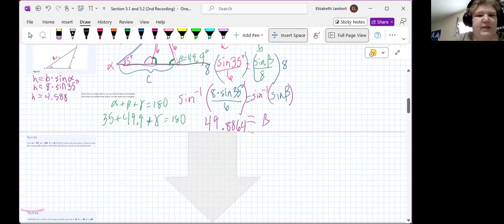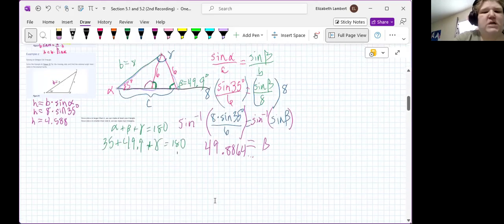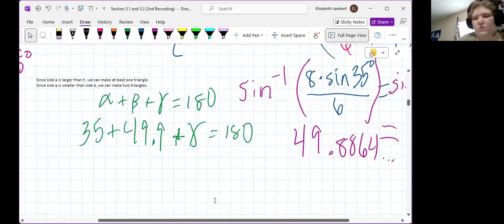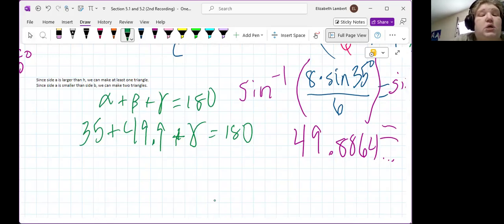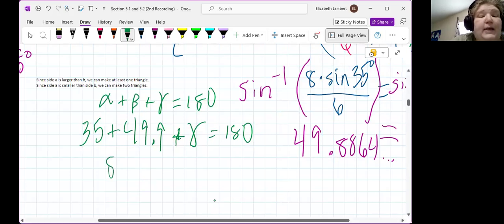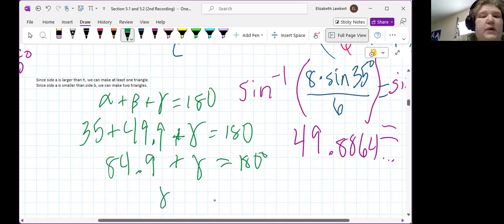Me and my giant handwriting, I need more room. All right, so that is 84.9 plus gamma is 180. So gamma is 95.1.